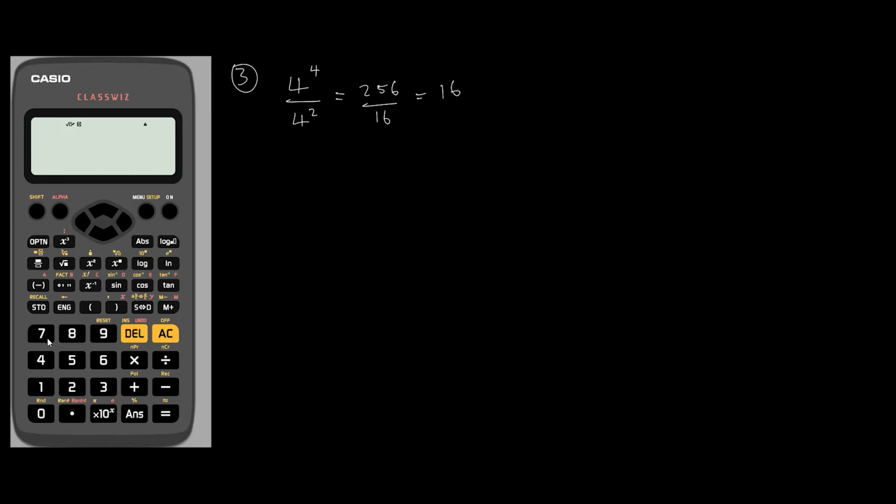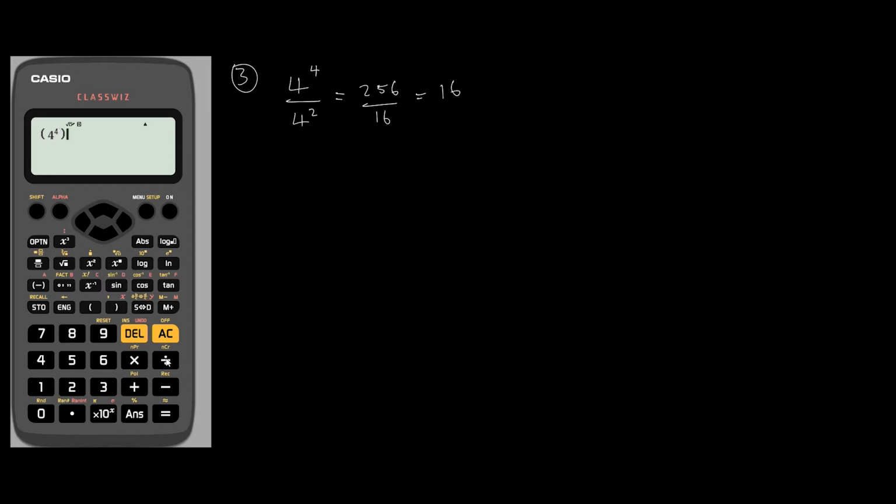Okay, bear with me. So 4 to the power 4, you could argue, maybe do it this way. Let's do a bracket, then do 4 to the power 4, and then move over by hitting the right button there, and then do it that way.